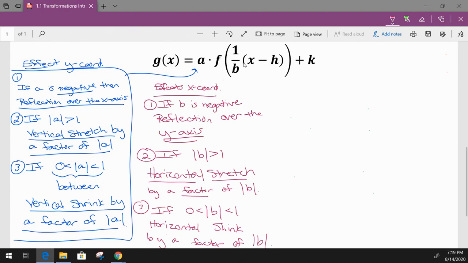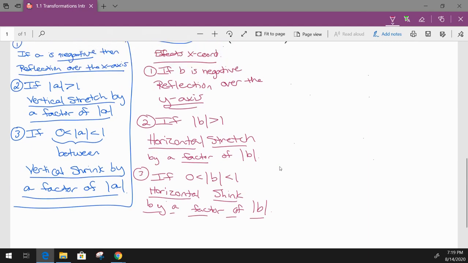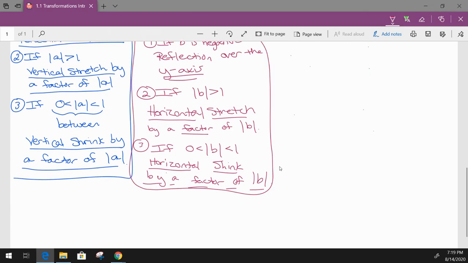So if you saw a 2 in the parentheses being multiplied to the x inside, then it would actually be a horizontal shrink by a factor of whatever that absolute value of B is. So that takes care of the B value and what it does.